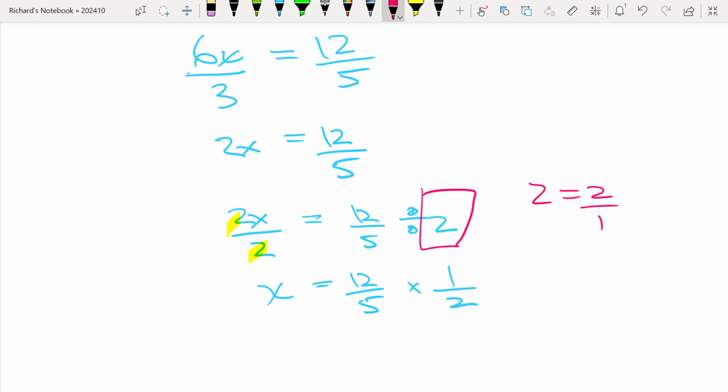And so if I flip this, this then becomes 1/2 if I flip the number 2. So now I've transformed my division problem into a multiplication problem.